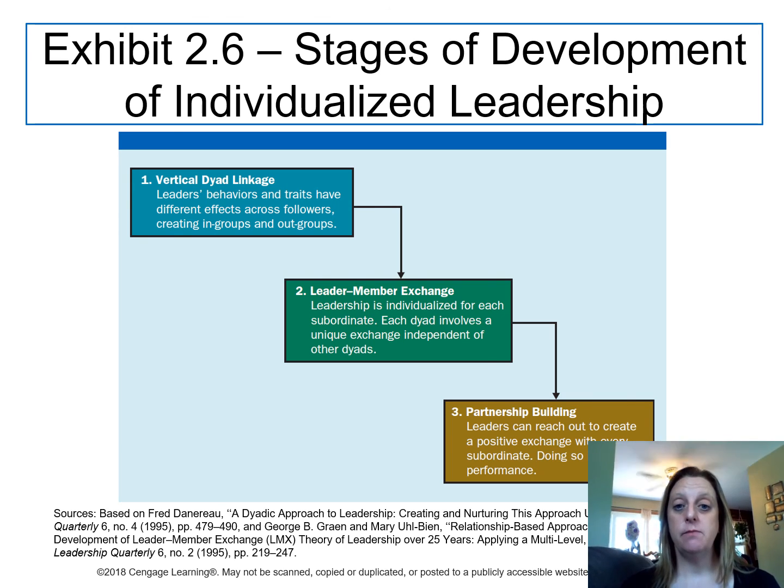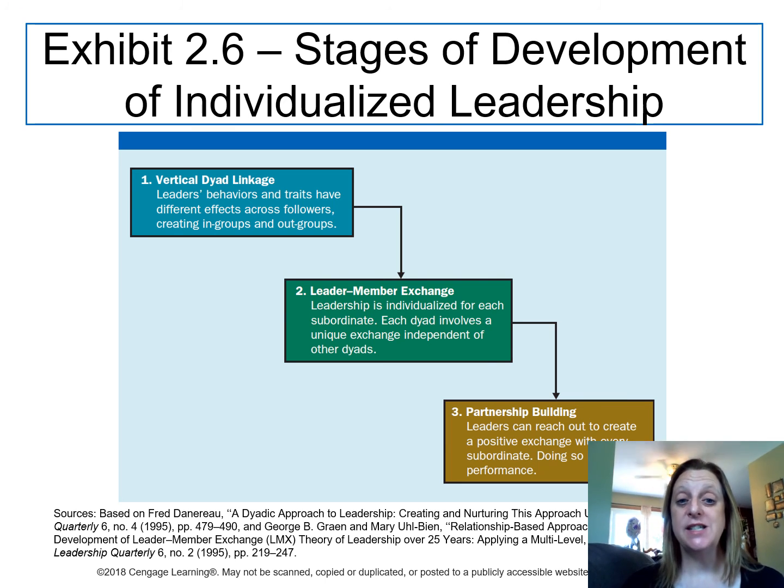The individualized leadership model, according to this leader-member exchange, explores how leader-member relationships develop over time and how the quality of exchange relationships affects outcomes. So the quality of the leader-member exchange relationship is substantially higher for in-group members.